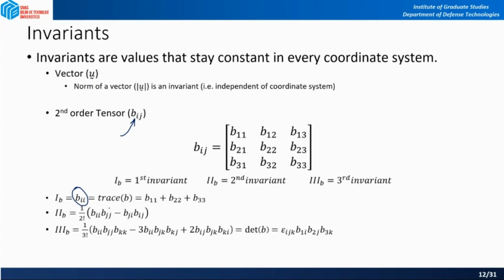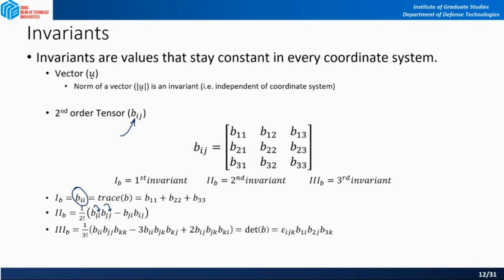The second invariant is defined by 1 over 2 factorial times (bjj bii minus bji bij). You should be able to calculate the term inside the parentheses because it has two i's and two j's.